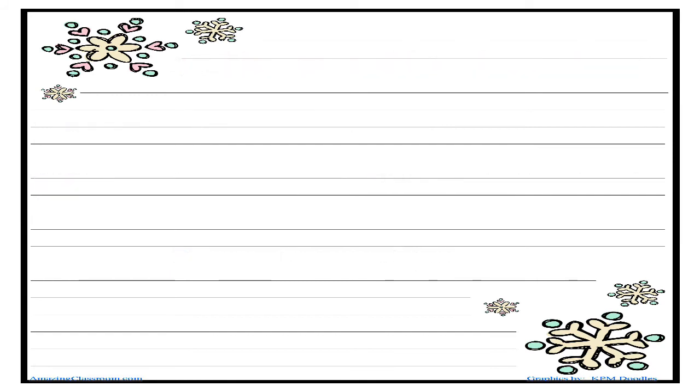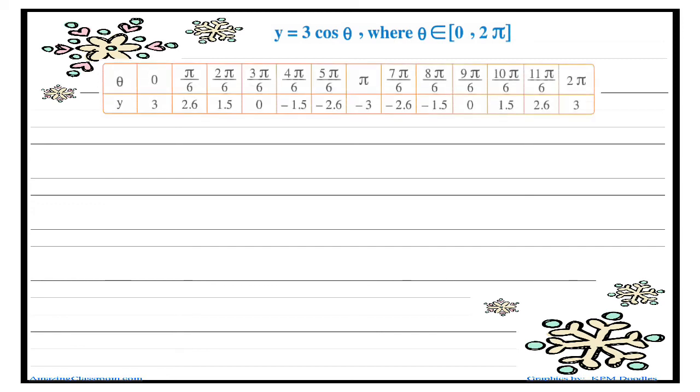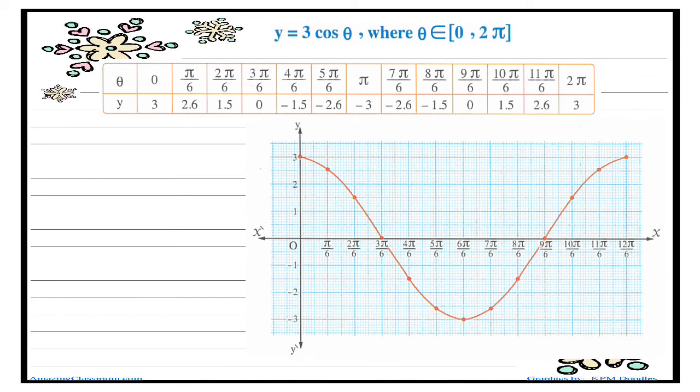I can represent this function y equals 3 cosine theta. At first we will make a table starting theta from 0 ending at 2 pi, and represent the table like this.